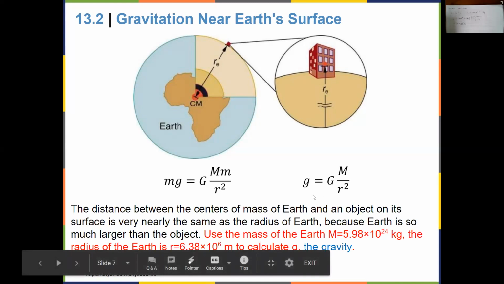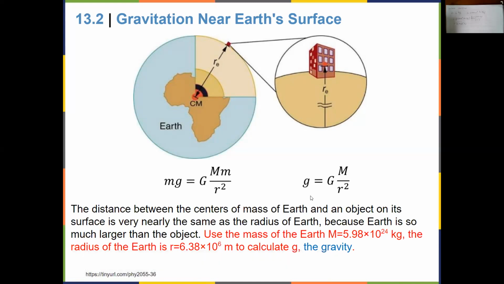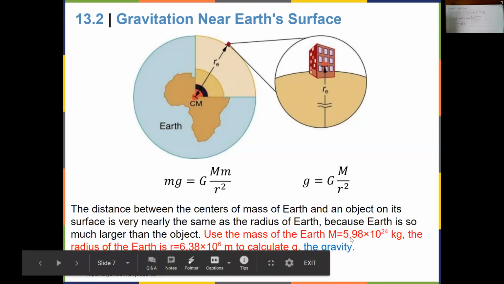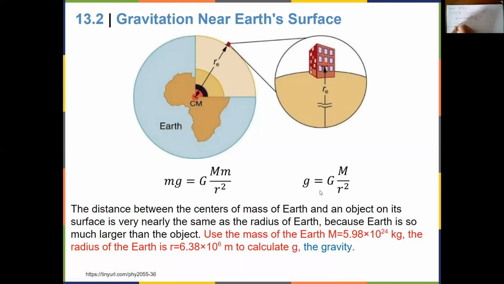You guys can also give it a try. Just plug in G as 6.674 times 10 to the minus 11, capital M as 5.98 times 10 to the 24, and r as 6.38 times 10 to the 6 meters. So g will be equal to capital G capital M over r squared.